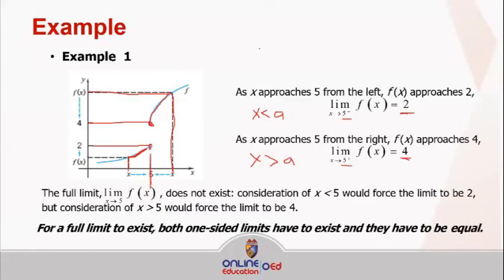Since ang f of x natin is 2, and yung value ng f of x here natin is 4, and yung 2 is not equal sa 4, itong limit natin ay hindi nag-exist. So, sabi dito, for a full limit to exist, both one-sided limits have to exist and they have to be equal. Since hindi equal yung 2 sa 4, hindi nag-exist yung limit dito. Okay?